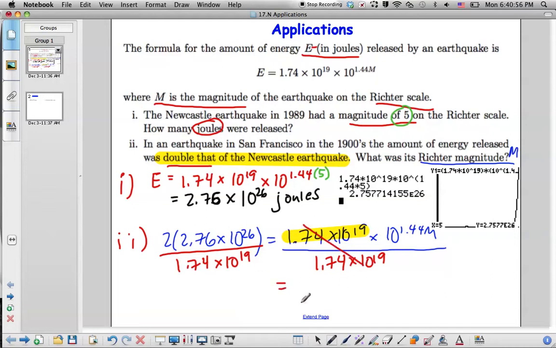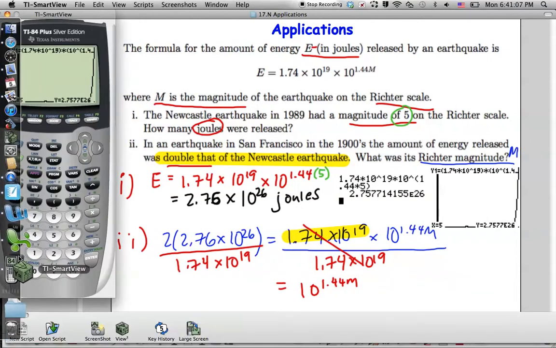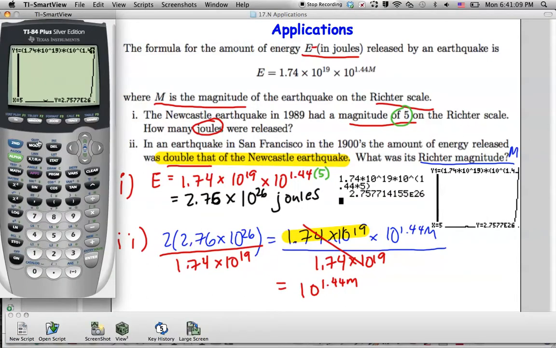So now we're going to be left with just 10 to the 1.44 m, and then whatever this value is. So we'll go back into our graphing calculator and type in this value.